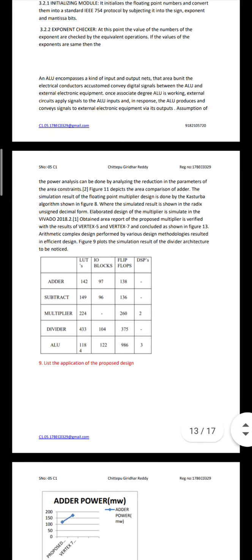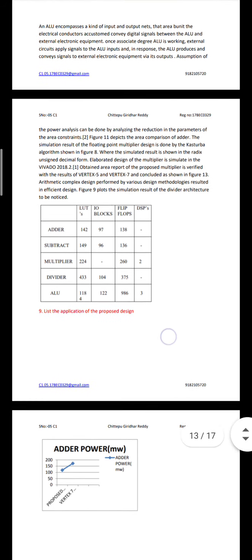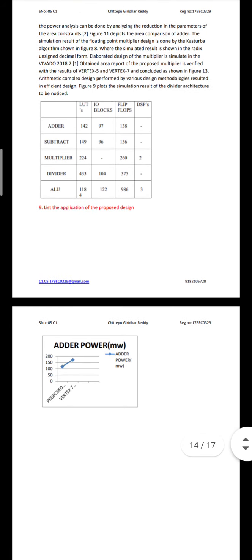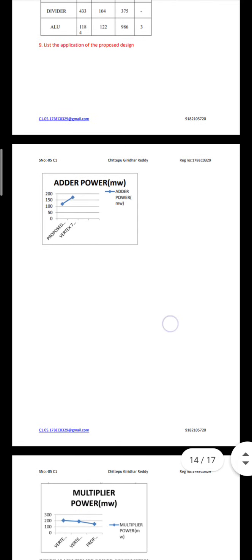An ALU comprises input and output nets that automatically convey digital signals between the ALU and external electronic equipment. The power analysis can be done by analyzing the reduction in the area constraints. This table shows the adder, subtractor, multiplier, divider, ALU and its IO blocks, flip-flops and DSPs.